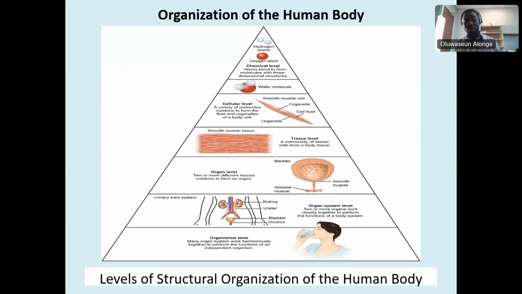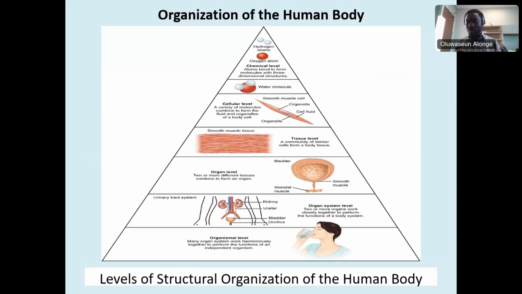C is connective tissues, M is muscle tissues, E is epithelial tissues, and then the N is nervous tissues. All right, then we have the organ. After tissues form organs, so you have the urinary bladder, you have the heart, you have the lungs, you have the eye, you have the kidney. All of those are organs.